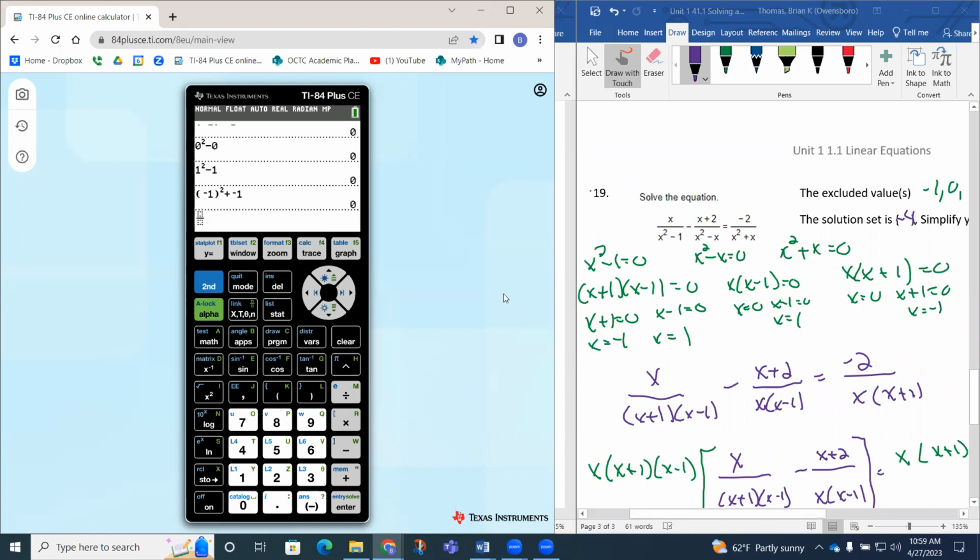Notice I'm going to replace this x with a negative 4. On the bottom, since x is negative, we want to put it in parentheses. On this calculator, you have to. And then we're going to subtract the 1 there. And then we have a subtraction sign, and then we have another fraction. We're going to have a negative 4 plus 2.